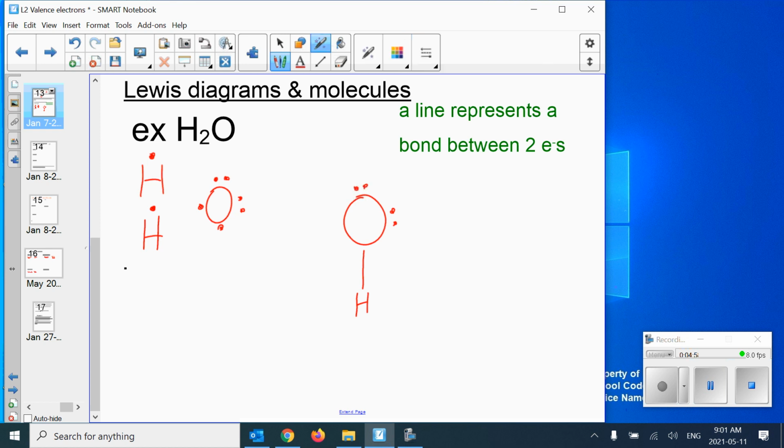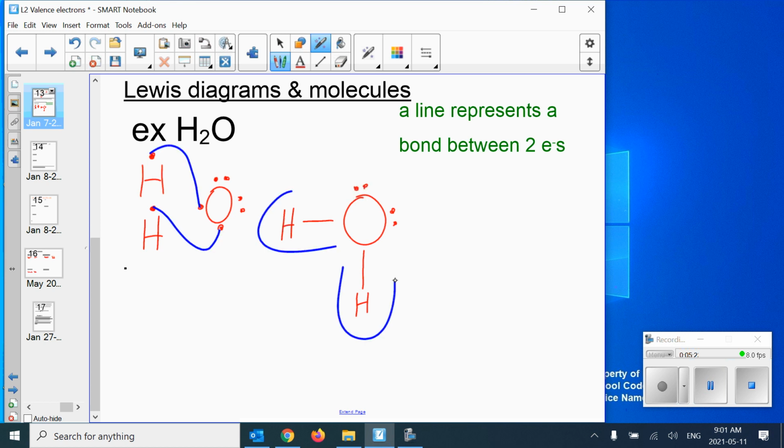This is the 1 electron from the oxygen bonding with the one electron of the hydrogen. Now, it'll be the same thing again. This line represents two shared electrons, the covalent bond. So just think of it as this one to that one, this one to that one.